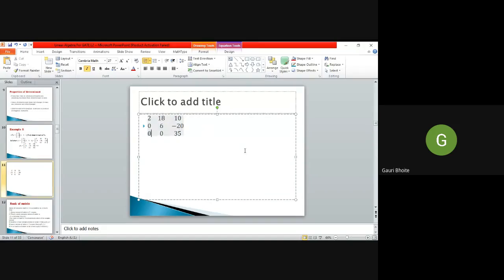Suppose this is one matrix. First row is 2, 18, 10. Second row is 0, 6, minus 20. Third row is 0, 0, minus 3.